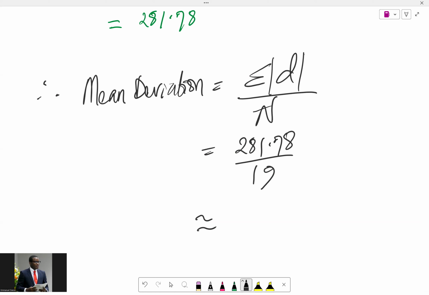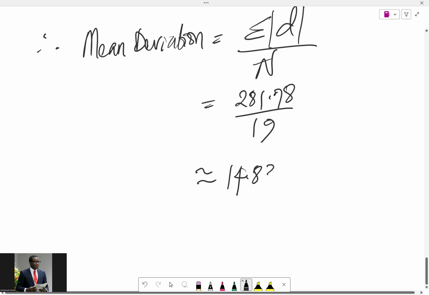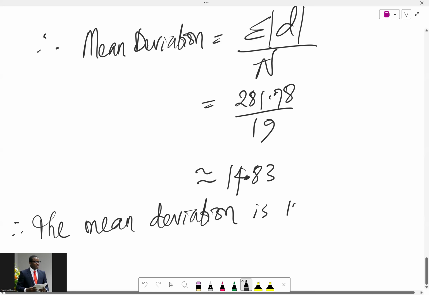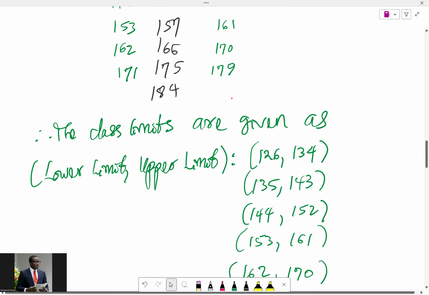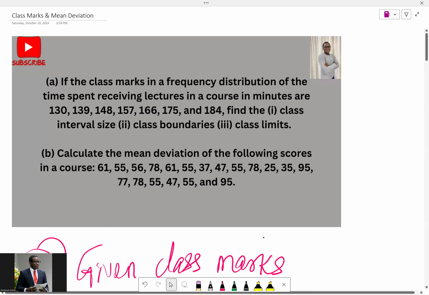And that is 14 point something, I believe, 14.83. So we can say, therefore, the mean deviation is 14.83. So with that, we come to the end of this particular question, bordering on class marks and mean deviation.